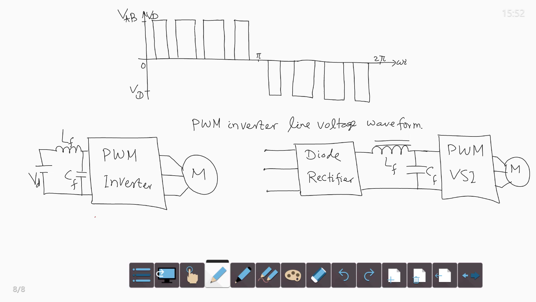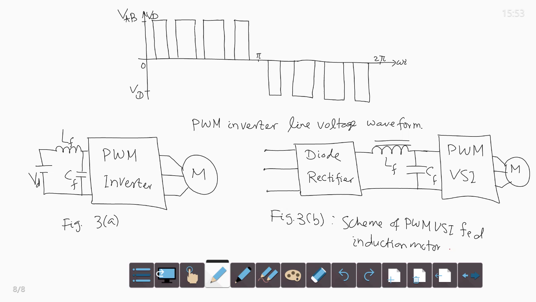This is figure 3A, and this is figure 3B. Both are the scheme of a PWM VSI fed induction motor drive.